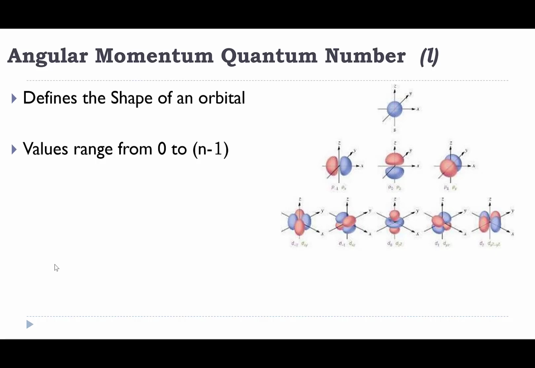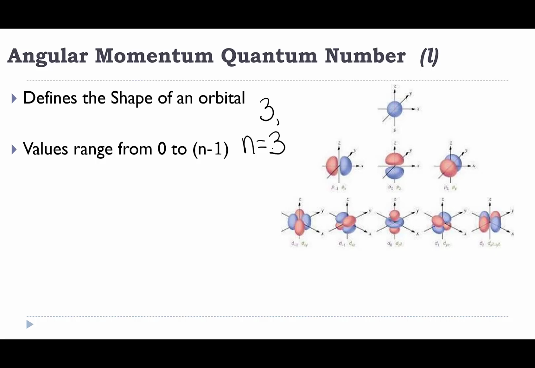So on the first slide, I put up a series of numbers for you. My series of numbers started with the number 3. So let's use that as an example. The first number is the principal quantum number. That was n equals 3. Now let's talk about the angular momentum quantum number.